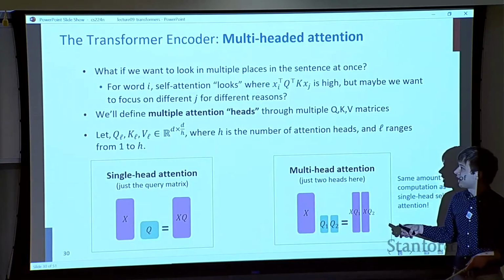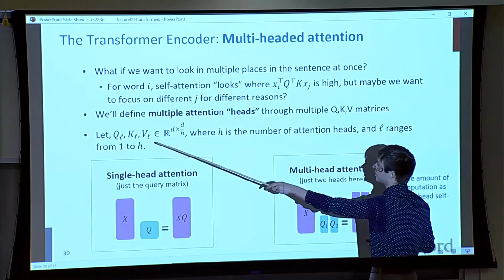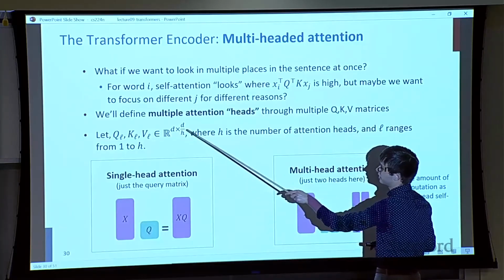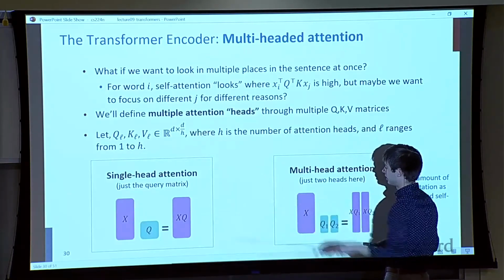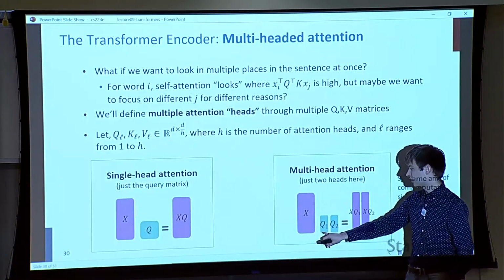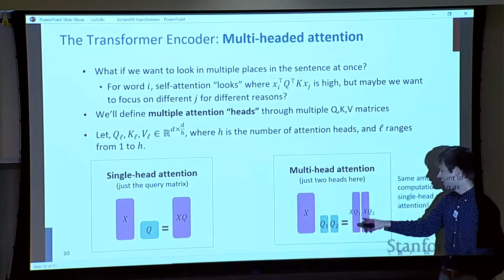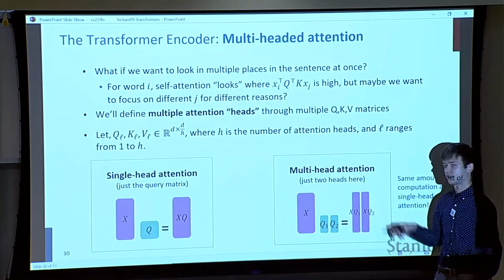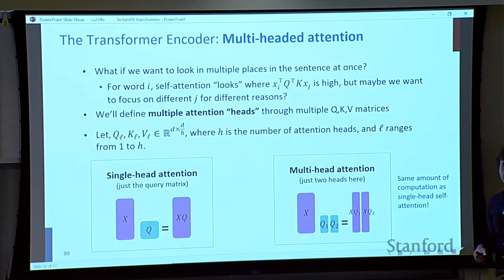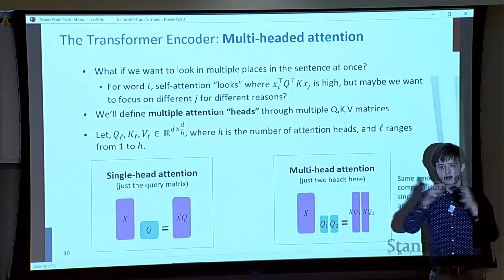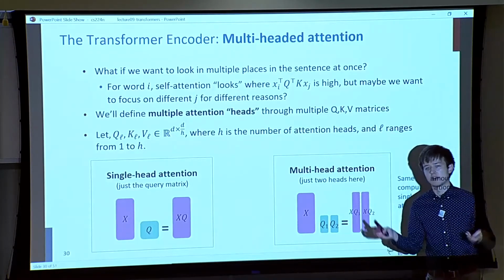We saw that the Q, K, and V matrices in multi-headed attention have a lower output dimensionality. So here's two of them right here. Here's Q1 and Q2, the same size as Q in total. And then you get outputs XQ1 and XQ2. So you're effectively doing the same amount of computation as before, but now you have different attention distributions for each of the different heads. So this is pretty cool.